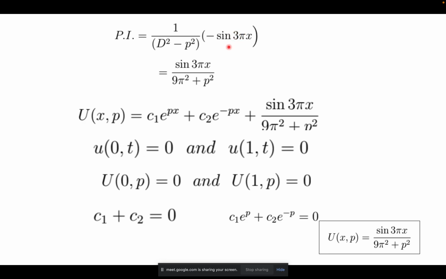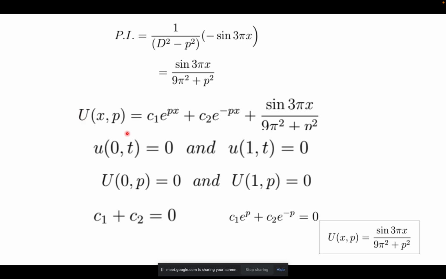So I replace d square by minus 9 pi square, because a here is 3 pi. Then I can cancel the minus sign from both numerator and denominator, so I will get the particular integral equal to sine 3 pi x upon 9 pi square plus p square.